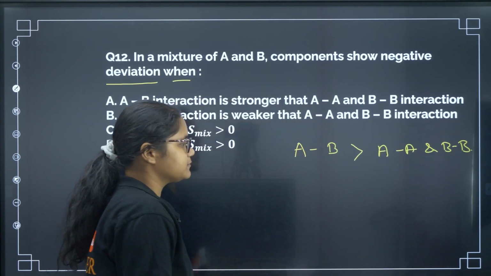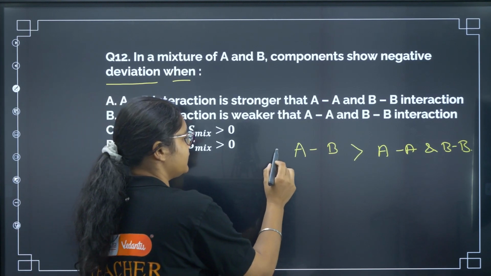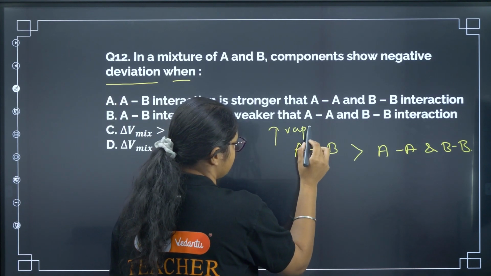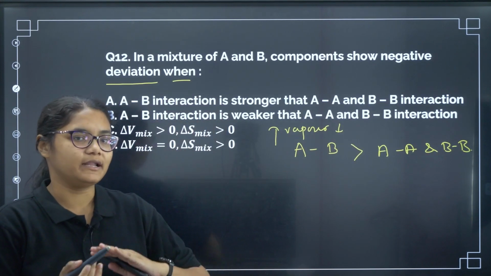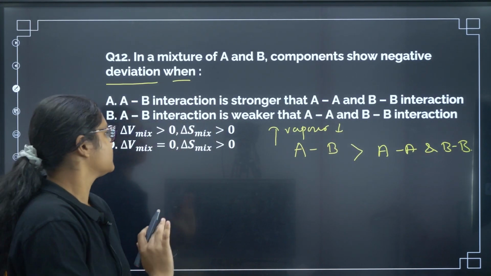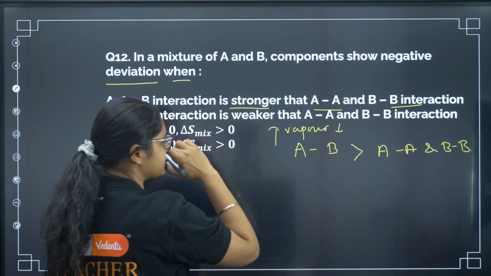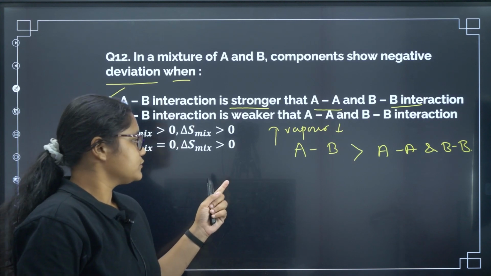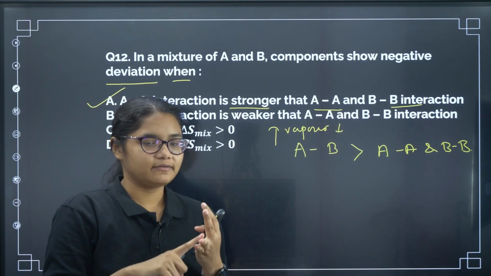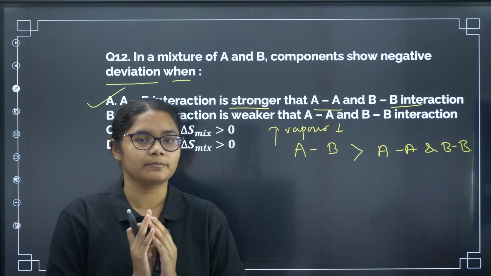If A and B have stronger interaction, then the vapor pressure will be less, and the P total will be less than the P ideal pressure. So the correct answer for this question is option number A. Here you should also know about positive deviation and negative deviation. There are other points of difference, and you have the azeotropic mixture also.